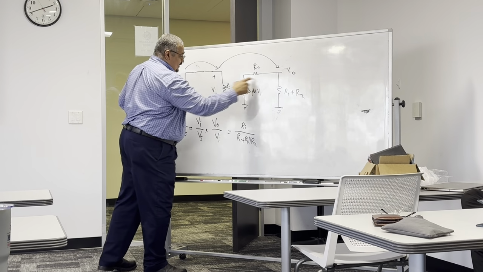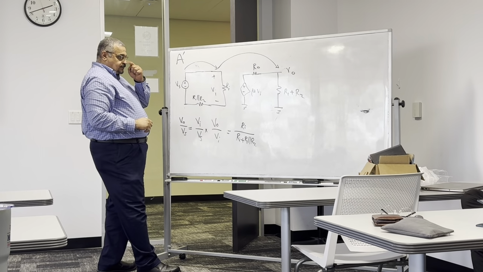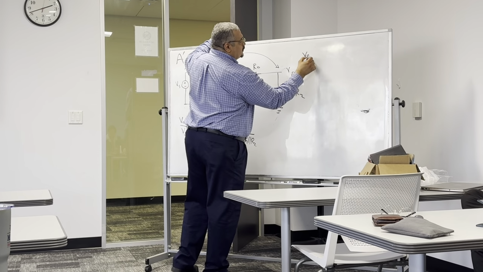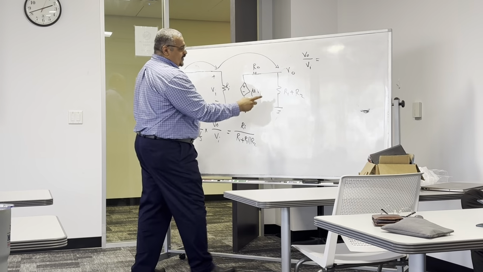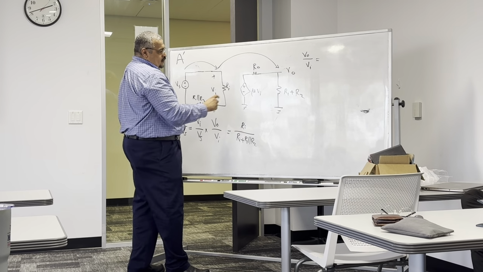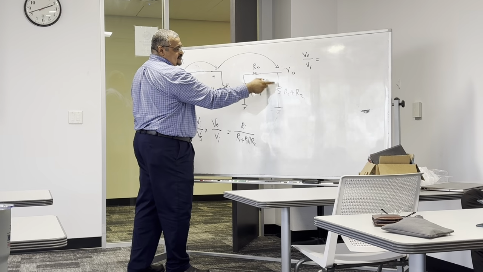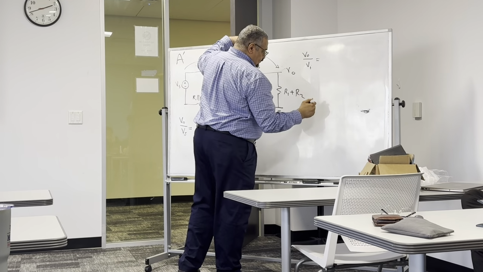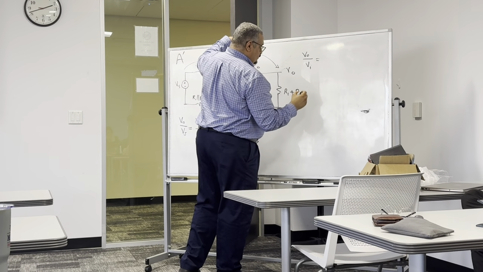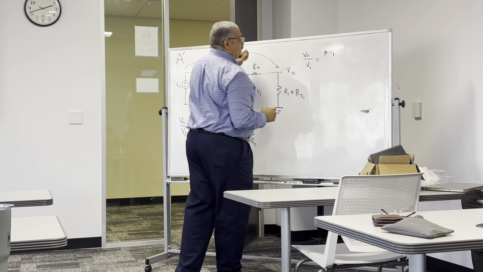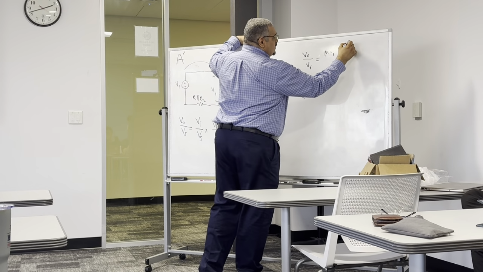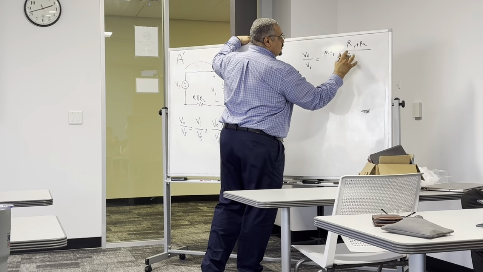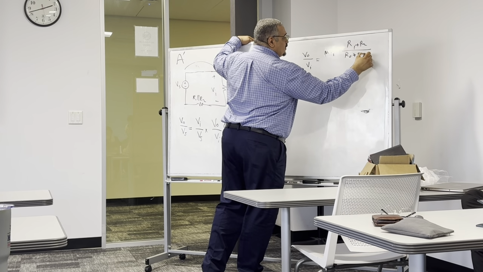What's V out over Vn? What's V out? It is this voltage times this resistance divided by the summation. So this is mu Vn times R1 plus R2 divided by R out plus R1 plus R2.